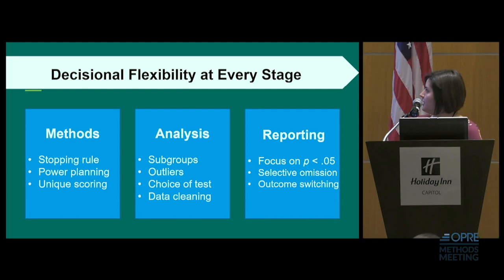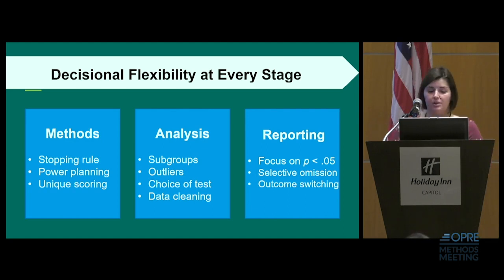Finally, in terms of reporting, even if we're not omitting statistically non-significant results, we often see a focus on results that are statistically significant. So there can be choices in terms of how we choose to report that emphasize the things that ultimately turned out to be significant and de-emphasize the things that turned out to be not significant, in a way that's inconsistent or doesn't agree with how we originally thought about the research question that we were testing.